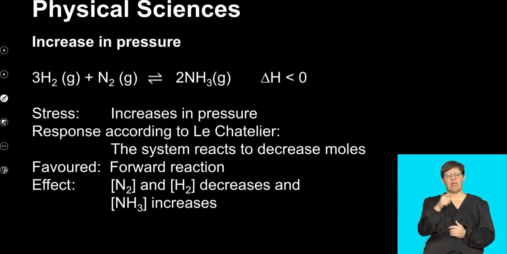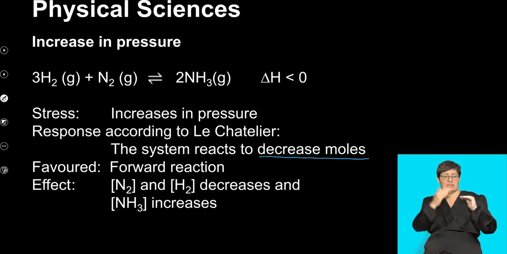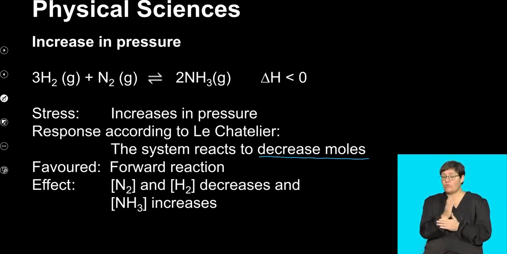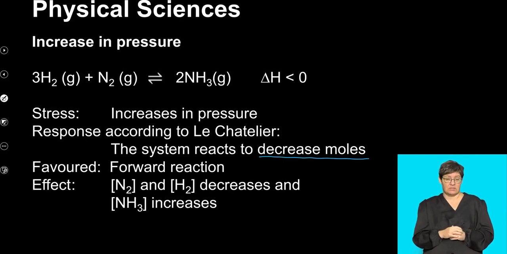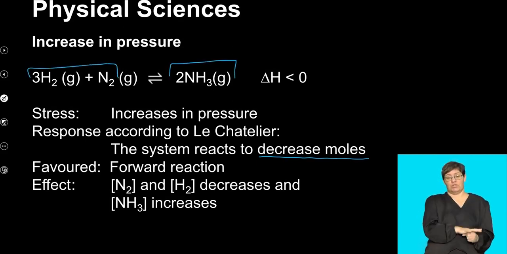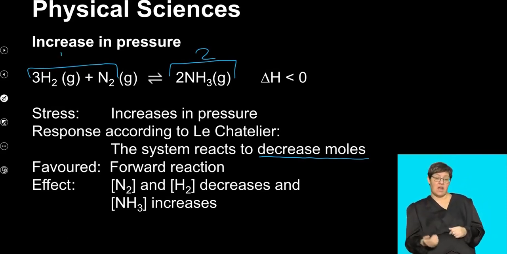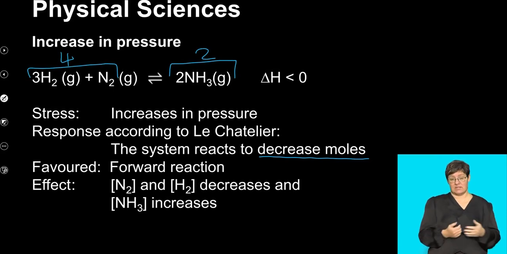What do we know about an increase in pressure? The stress is an increase in pressure, and according to Le Chatelier, the system will react to try to decrease the pressure by decreasing the number of moles. When we want to go for the number of moles, remember we're working with pressure. We have 2 moles on the right-hand side and 4 moles on the left-hand side.